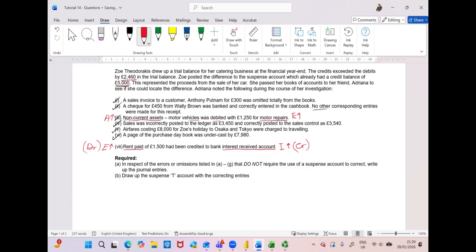Now, interest received account was credited by £1,500. So what we need to do is remove it from the interest received account. Because it was recorded on the credit side, we need to now debit the interest received account by £1,500.